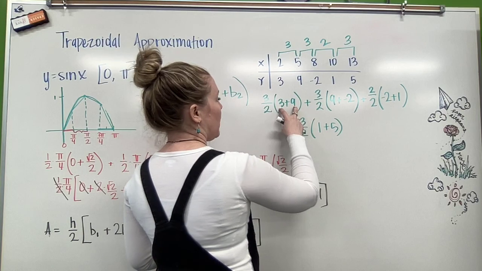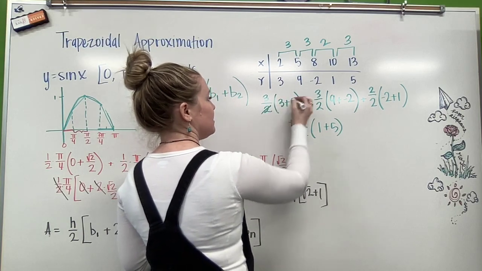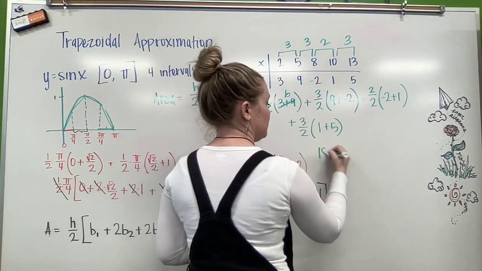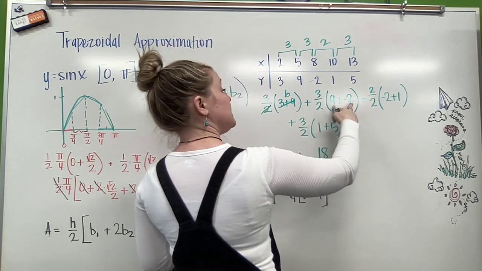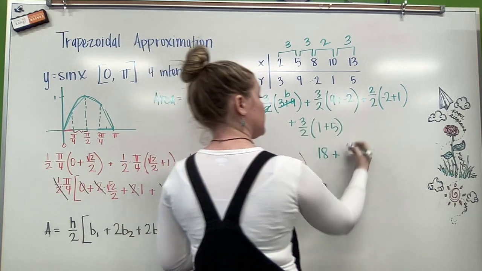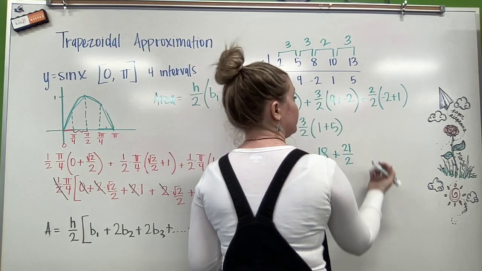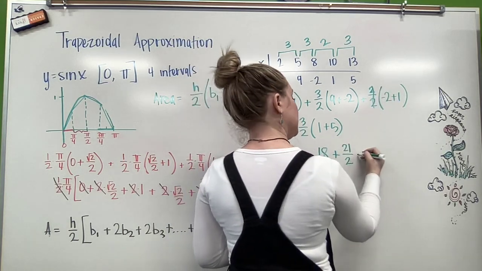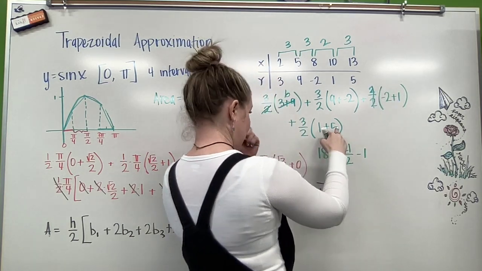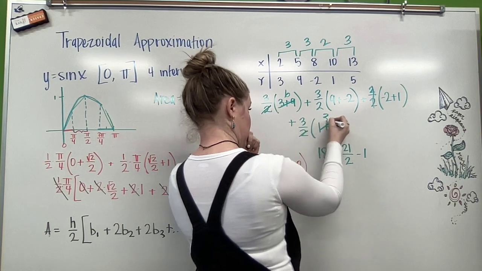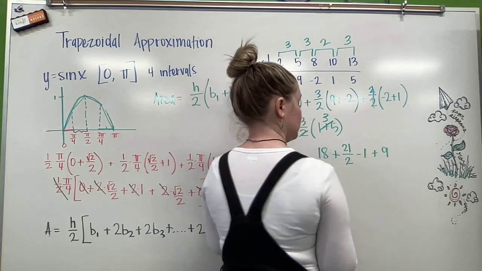So this is 12 divided by 2 is 6, so that's 18. This is 7 times 3, which is 21 over 2. This one is negative 1. 6 divided by 2 is 3, so this is plus 9.